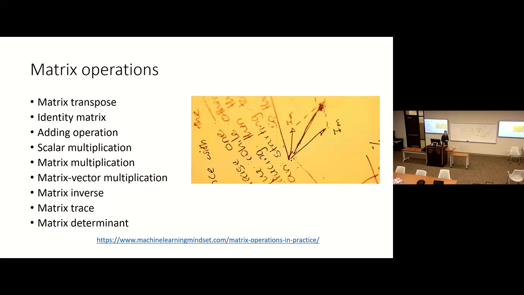Okay, so matrix operations. We can have transpose, okay? If you have an n by m matrix and you transpose, it becomes m by n. Identity matrix means everything is 0, only the diagonal positions are 1.